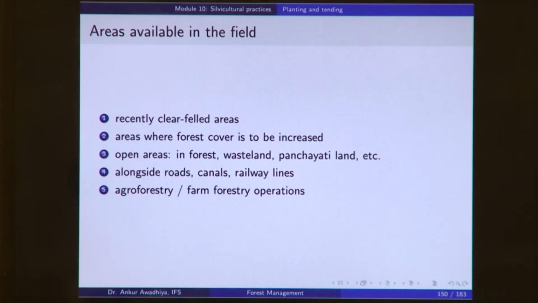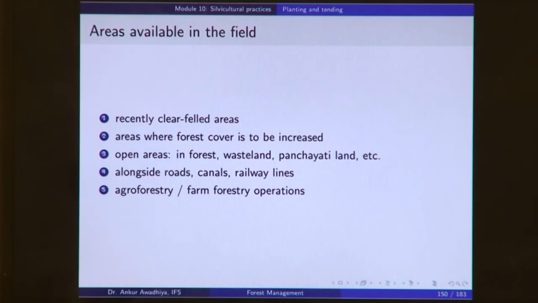Another category is that of agroforestry or farm forestry. Now, there is a slight difference between agroforestry and farm forestry. Agroforestry is a situation where a farmer is trying to have revenue both from his forest crops as well as the agricultural crops.